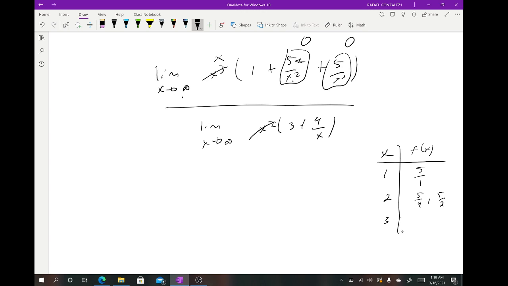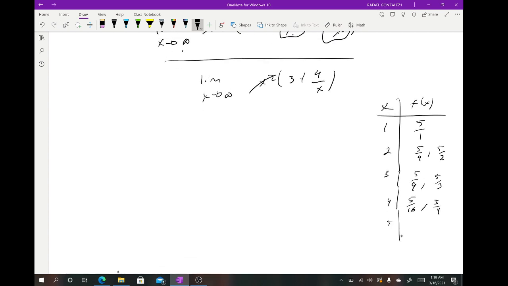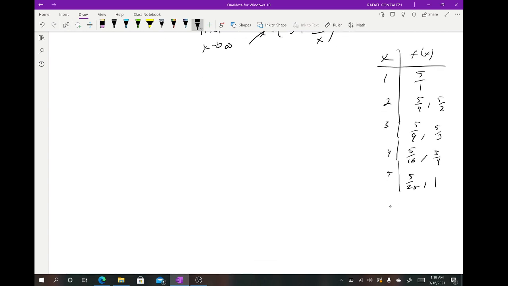If you have 3 now for x, you have 5 over 9 and 5 over 3. If you have 4, then you have 5 over 16 and 5 over 4. Then when you get to 5, you have 5 over 25 and 1. And then when you get to 6, notice that now you have 5 over 36 and 5 over 6.